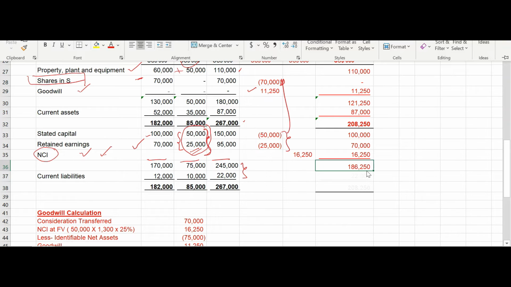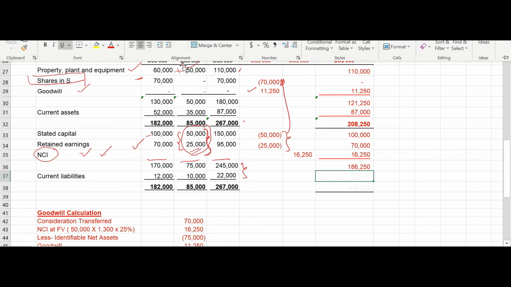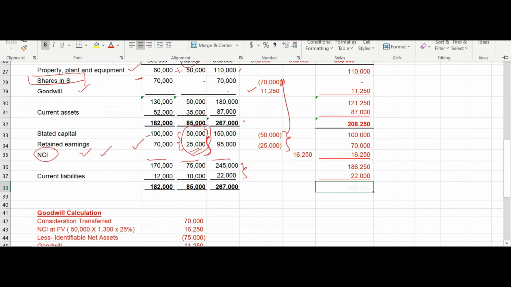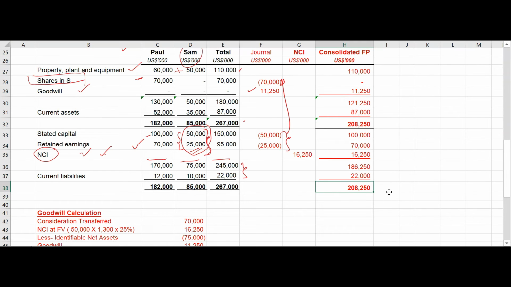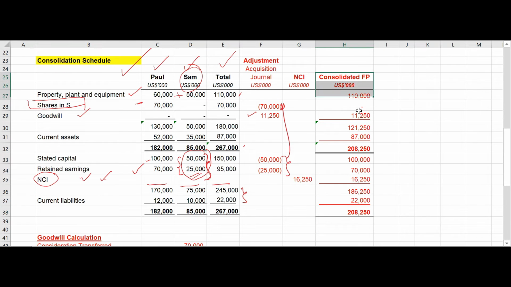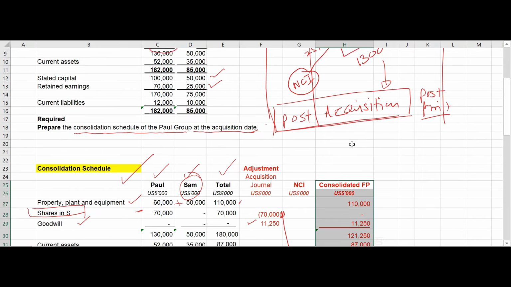The current liability, there are no adjustments required. So you can take straight away 22,000. When you add up, the total will be 208,250. So this will be the consolidated financial position as at the acquisition date. So this is the answer for this particular question.